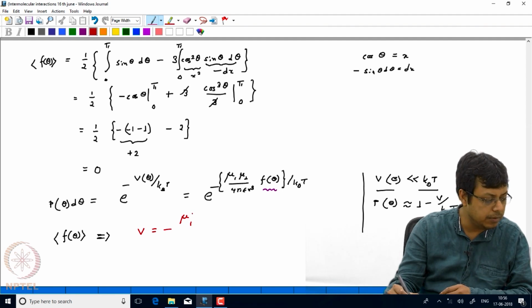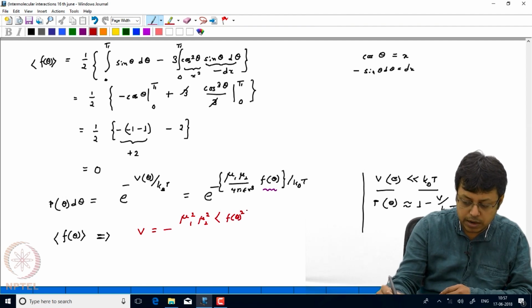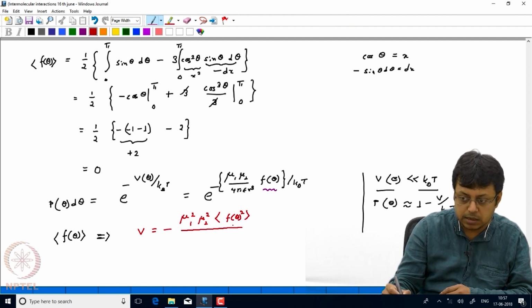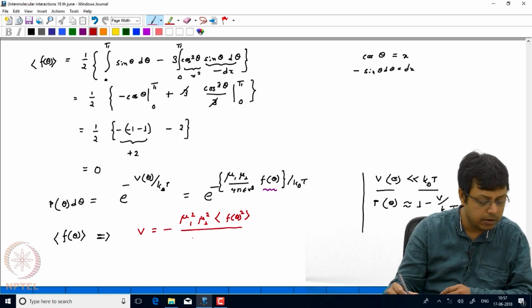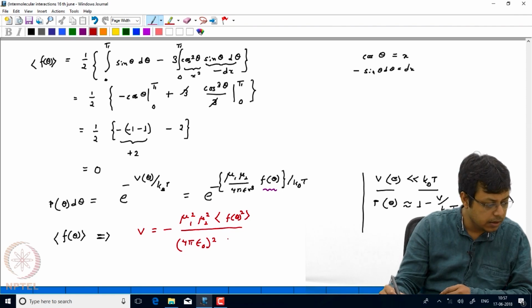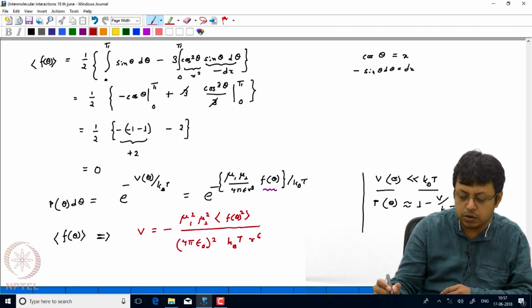It will be something like mu1 squared mu2 squared into the average of f of theta squared, divided by 4 pi epsilon 0 squared into kBT into r to the power 6.